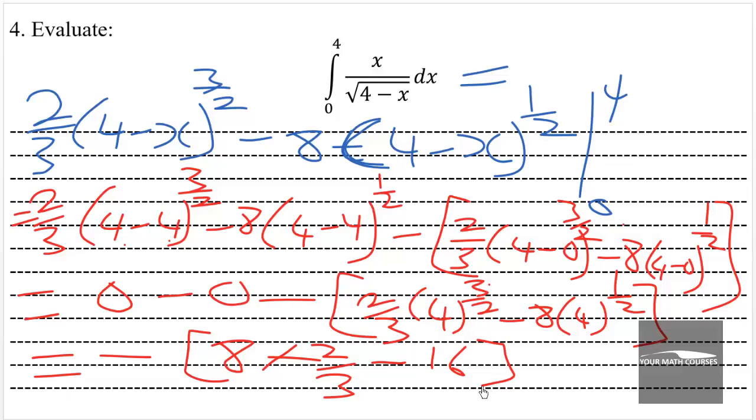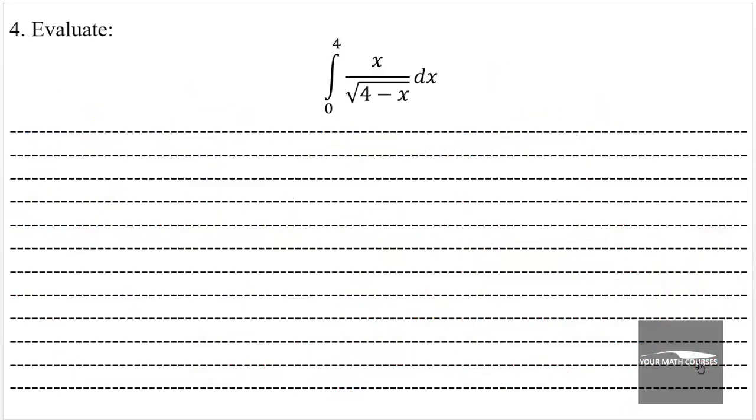So let's simplify this, and what do we get? We obtain negative into bracket 16 over 3 minus 16. So negative 16 over 3 minus 16. So that will give us 3.